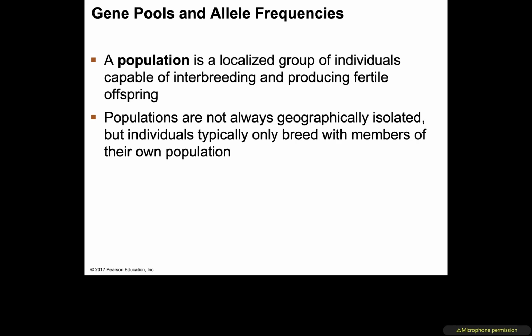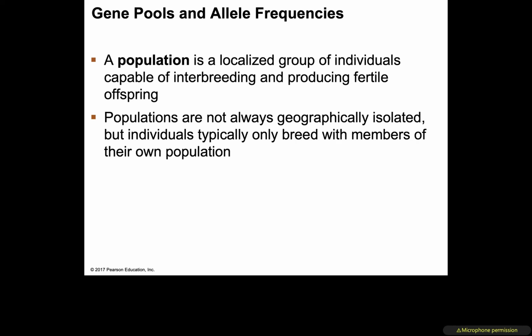And not only that, they end up having offspring that will eventually be able to interbreed. Populations are not always geographically isolated, but individuals of that population typically only breed with members of their own population. So what that means is there's not always a fence separating populations.